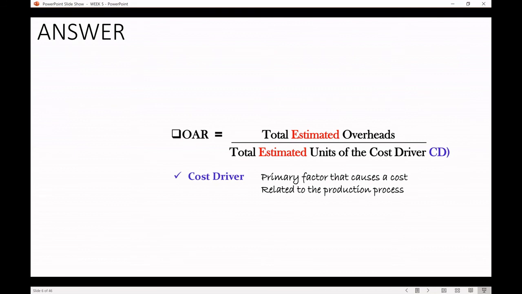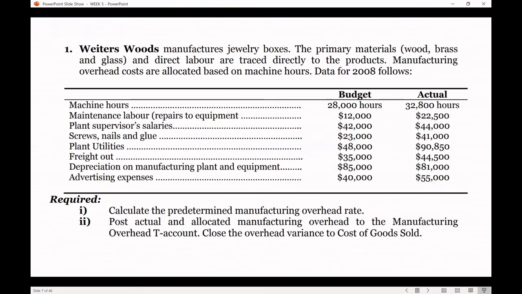And the cost driver is the primary factor that causes a cost, that drives costs related to the production process. So let's find this information for the question. We need to find the total estimated overheads, estimated, budgeted, and the total estimated units of our cost driver. And in this question, we said our cost driver was our machine hours.